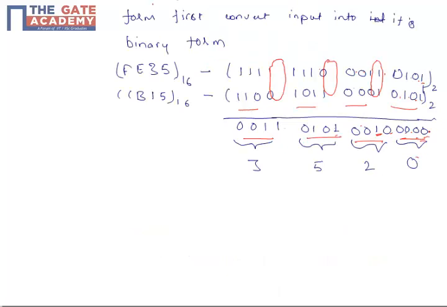For 0 0 0 0 it's 0. For 0 0 1 0 it's 2. For 0 1 0 1 it's 5. And for 0 0 1 1 it's 3. So our output is going to be 3 5 2 0 in hexadecimal form. It's 0, not O. Okay, got it?